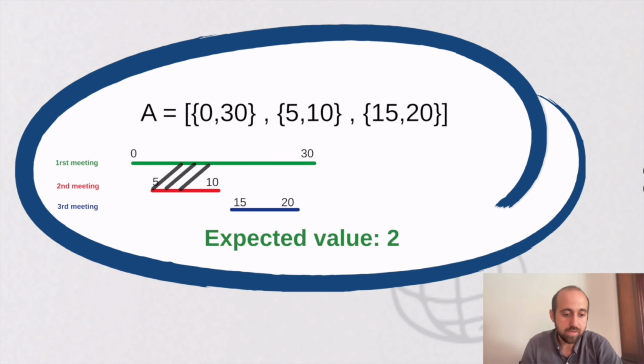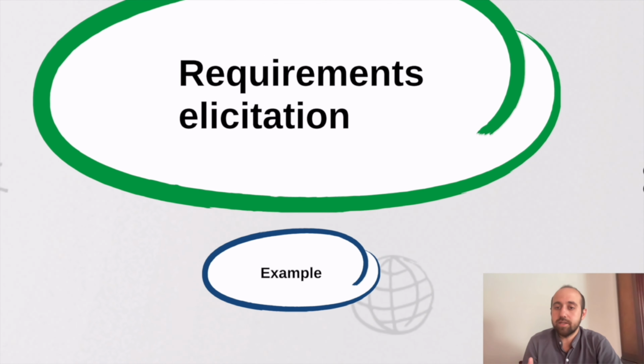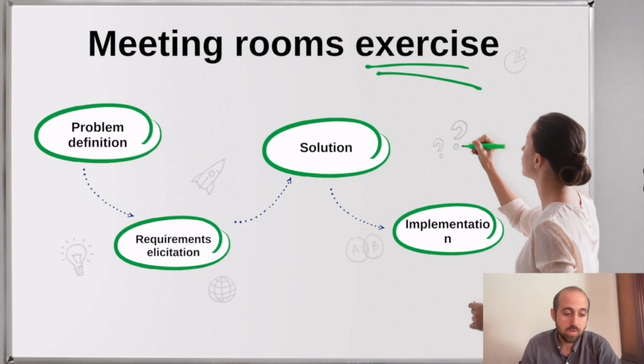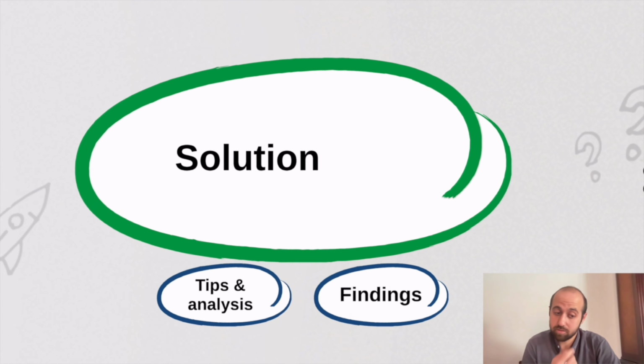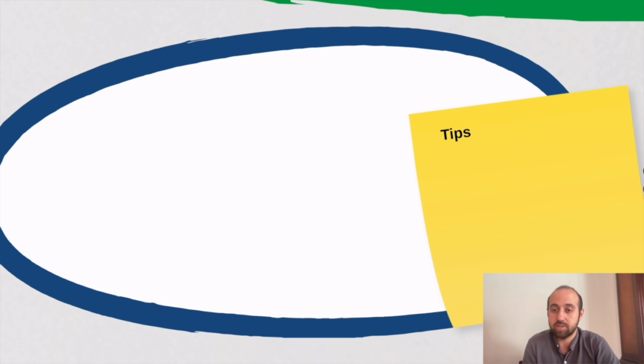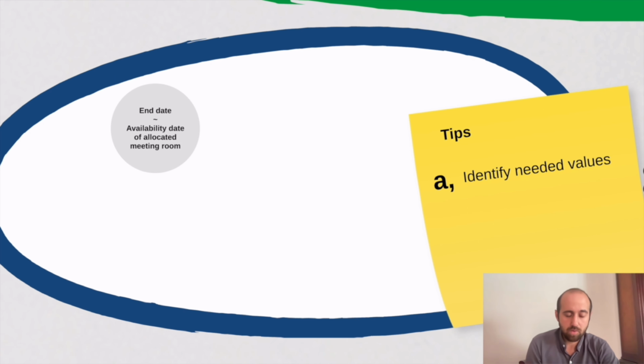That being said, now how do we translate those ideas and this logic into code? A way to do it is to first check what values are needed in the algorithm. In our case, during each iteration, we are looking at the end date and the start date.